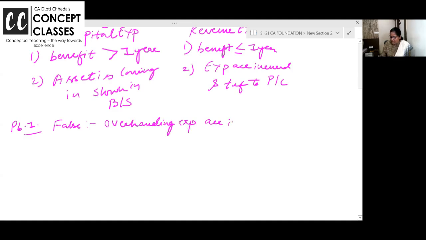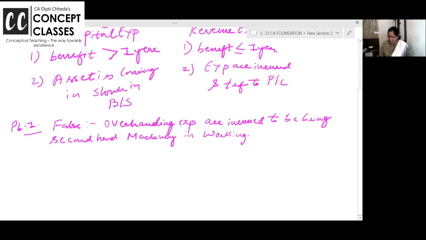Overhauling expenditure are incurred to bring second-hand machinery in working condition. Why do you incur denting, painting? क्योंकि second hand है ना. So you are incurring overhauling expense to bring the second-hand machinery in working condition.